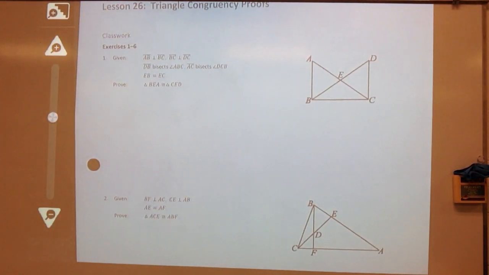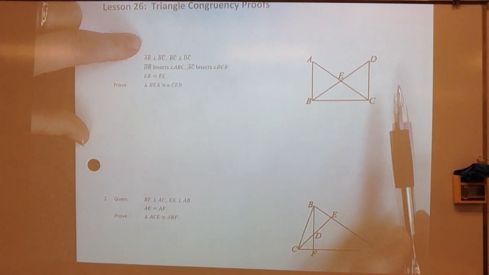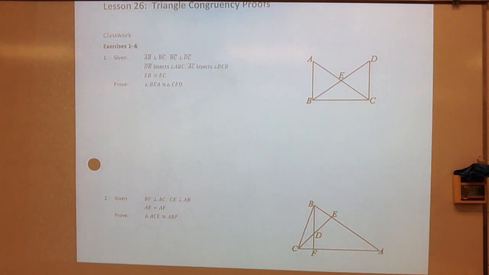Alright, so let's look at this one. In number 1, we are given that AB is perpendicular to BC. Now, we'll think about what that means about perpendicular lines in a moment. We are given that BC is perpendicular to DC.